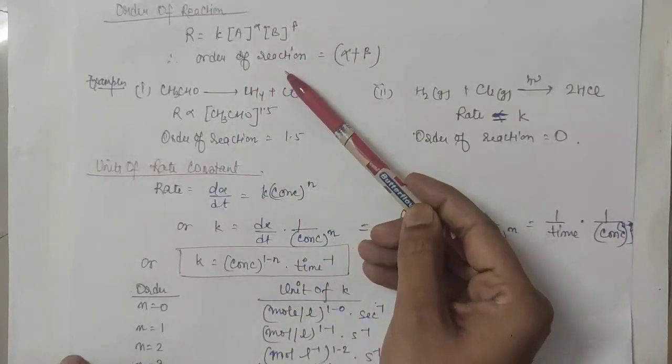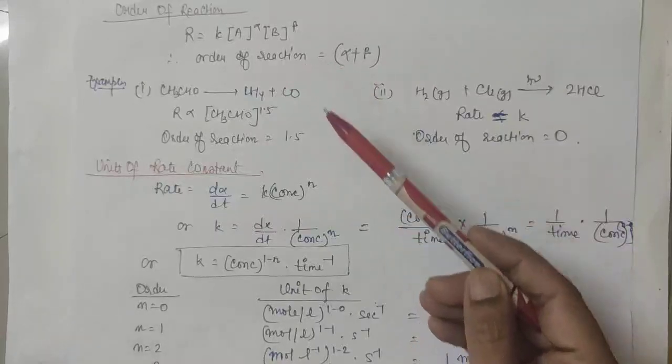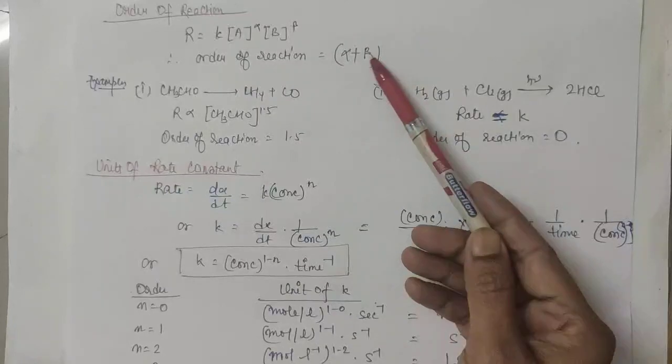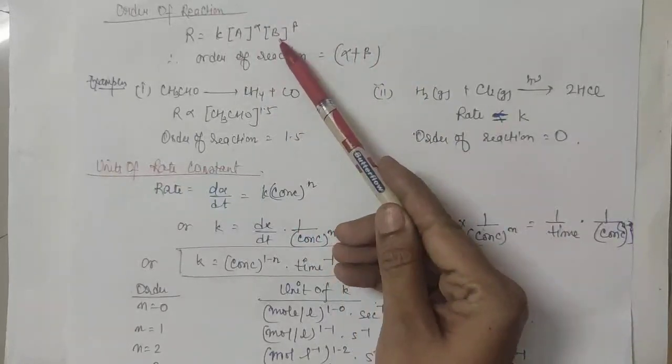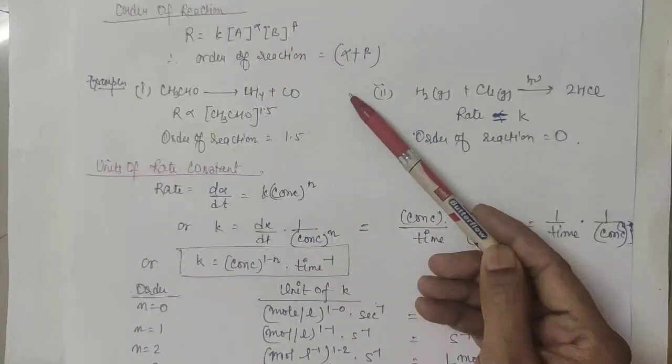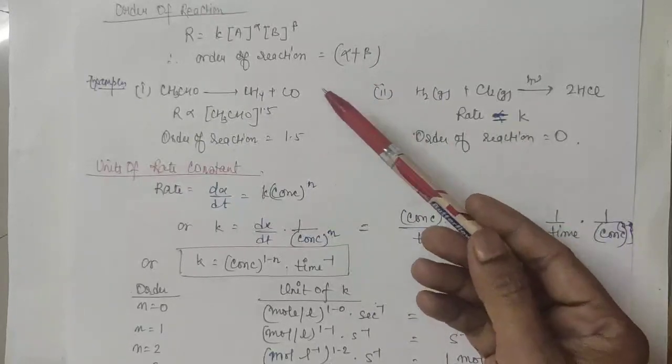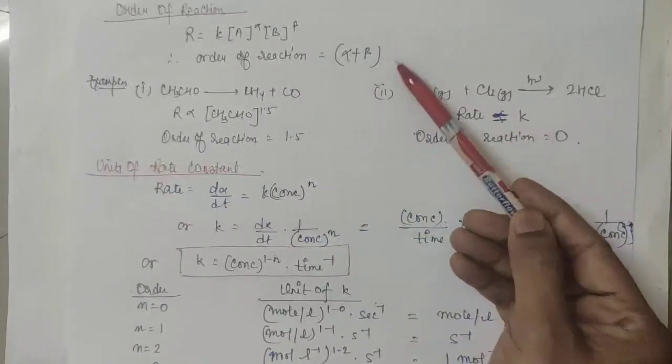You can define order of reaction as the sum of the exponents or the powers to which the molar concentrations in the rate law equation are raised to express the rate of the reaction. So it is the summation of the powers.